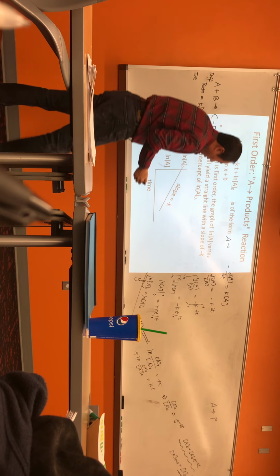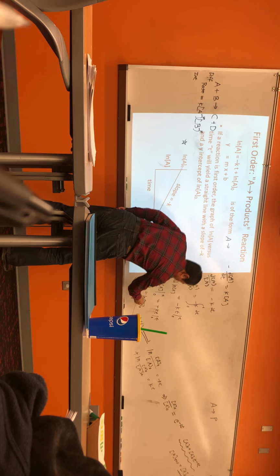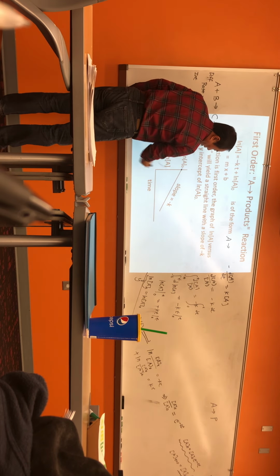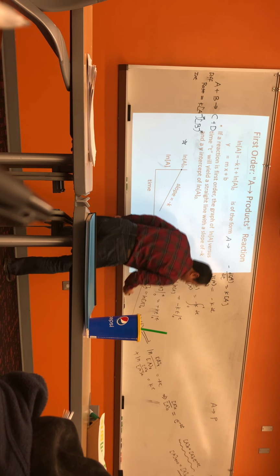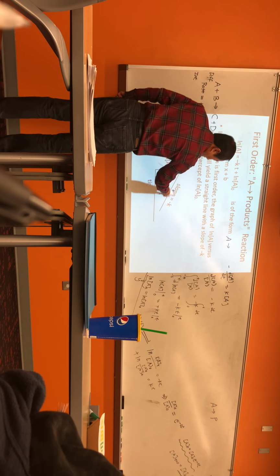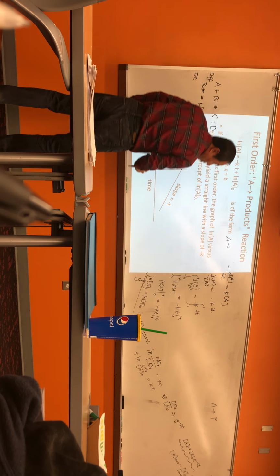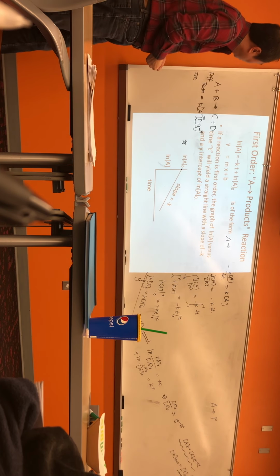So this is your y-intercept. It starts from ln [A]0, and because this is a linear equation, negative k becomes your slope. That's why your slope is negative k. It just linearly decays, while the original one is exponential decay, right?